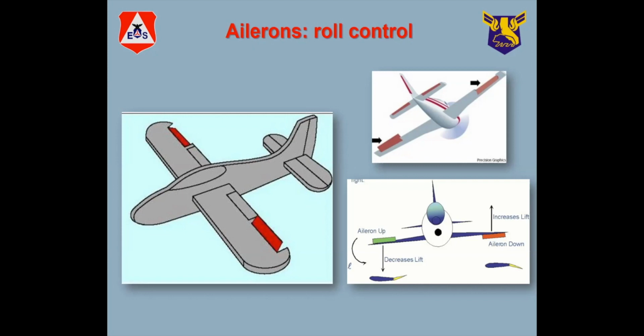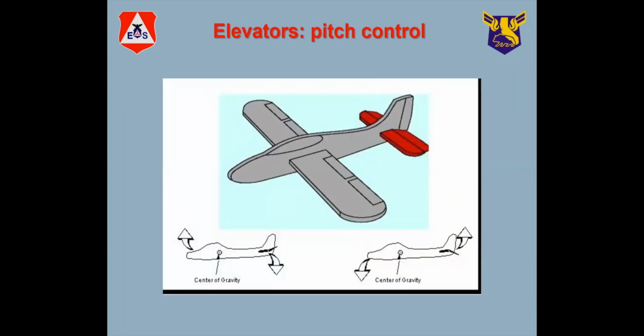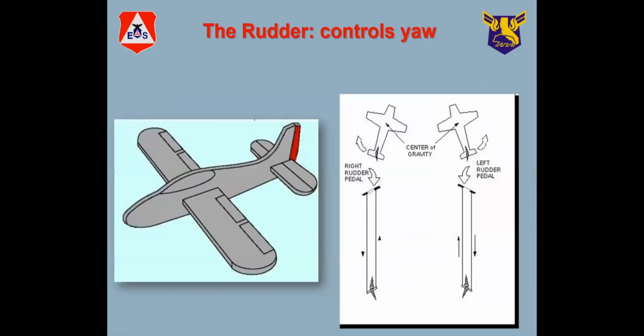They control roll. If we have the center of gravity of the airplane, we're talking about the elevator here. You can see it in the illustration. If the elevator surfaces are pointed up, then the aircraft nose will want to go up. If it's pointed down, the airplane nose will want to go down. The rudder is used to move the nose of the aircraft left and right.